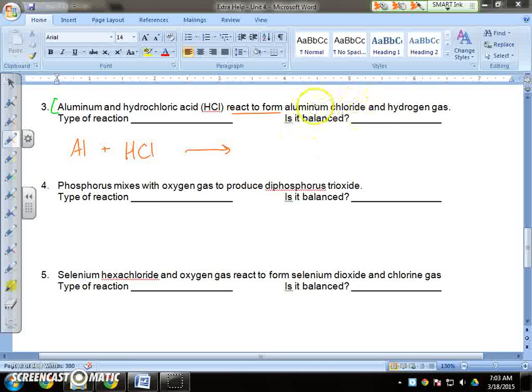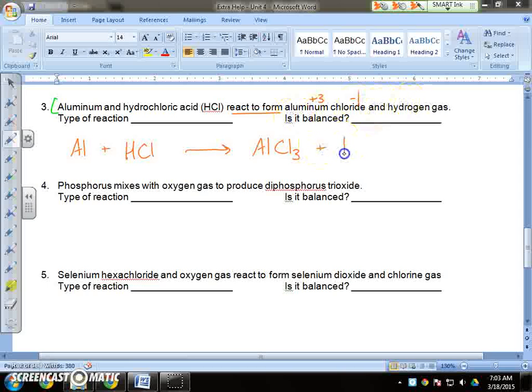So in order to find the chemical formula, I need to figure out oxidation numbers. I know this is a +3, and chlorine's a -1. When I crisscross them, I'll end up with AlCl3. So don't forget the oxidation numbers and the crisscrossing if it's ionic like this is.